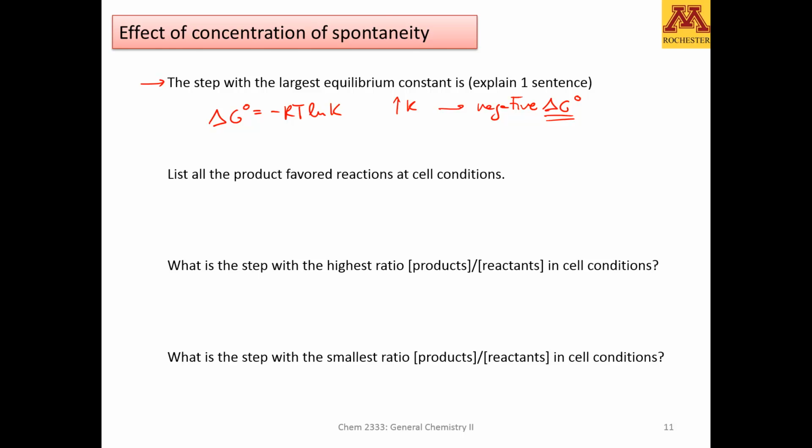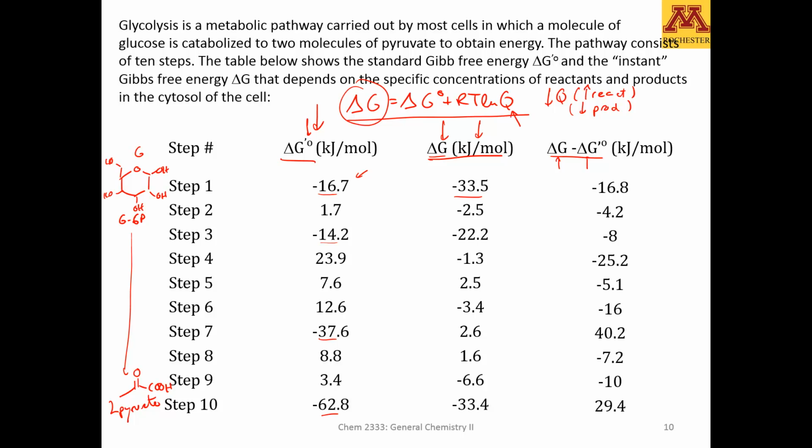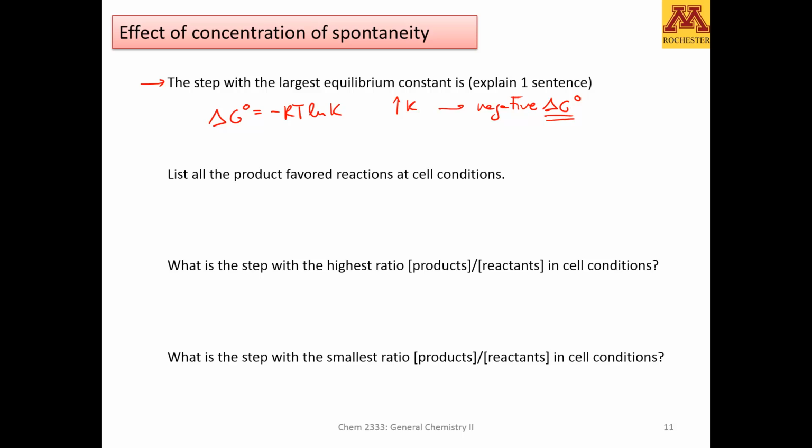So let's see what step contains the most negative one. Clearly, step 10 is the most negative change in standard Gibbs free energy. So step 10 is the one that would have the largest equilibrium constant.